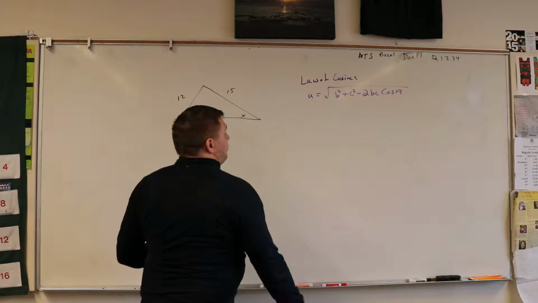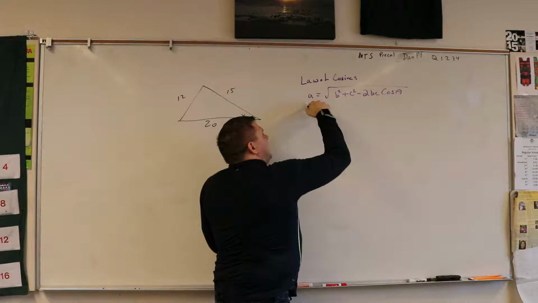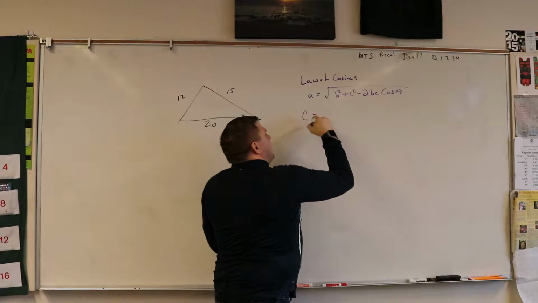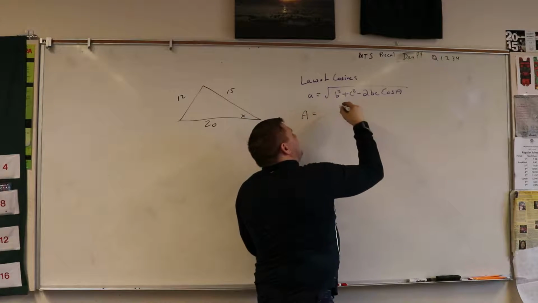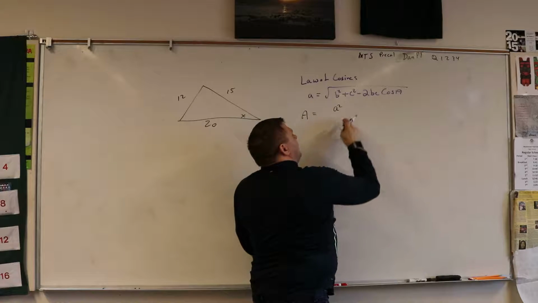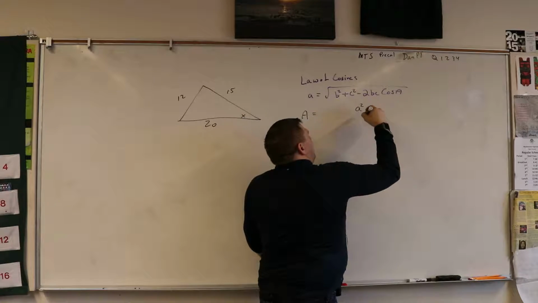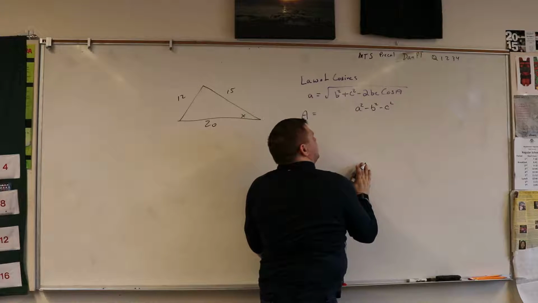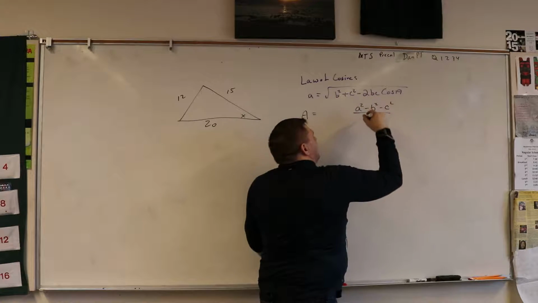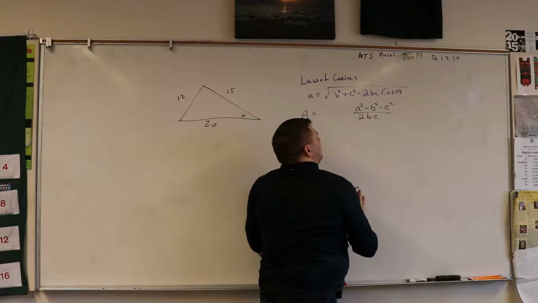To find an angle, all we do is move all this over and square the A. So we get angle A is equal to A squared minus that B squared minus that C squared, divided by 2BC.